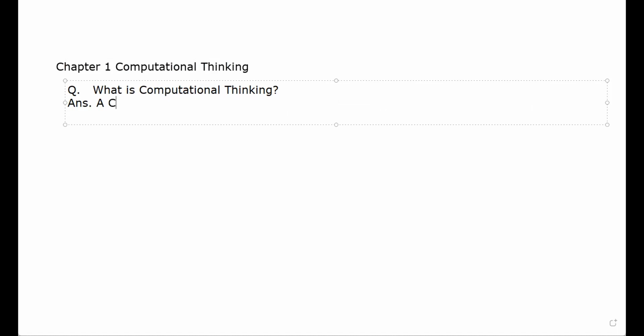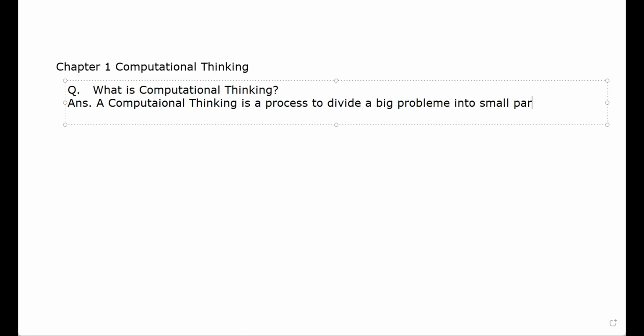Computational thinking is a process to divide a big problem into small parts.